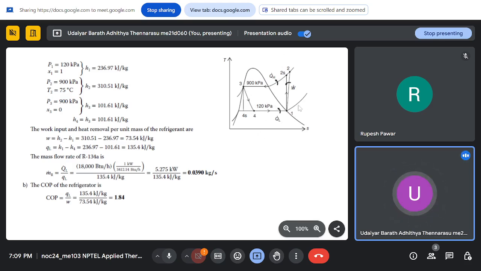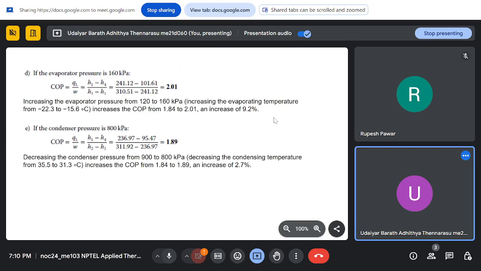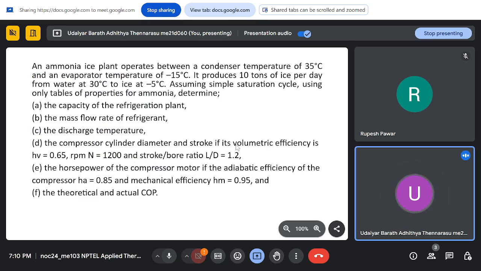So we have to just estimate the enthalpy, and you estimate the other properties later on. Starting, we have to find out the enthalpies at each of the state points. Once that is located, the problem becomes easy. So okay, if there is no other query, we'll move on to the next question.